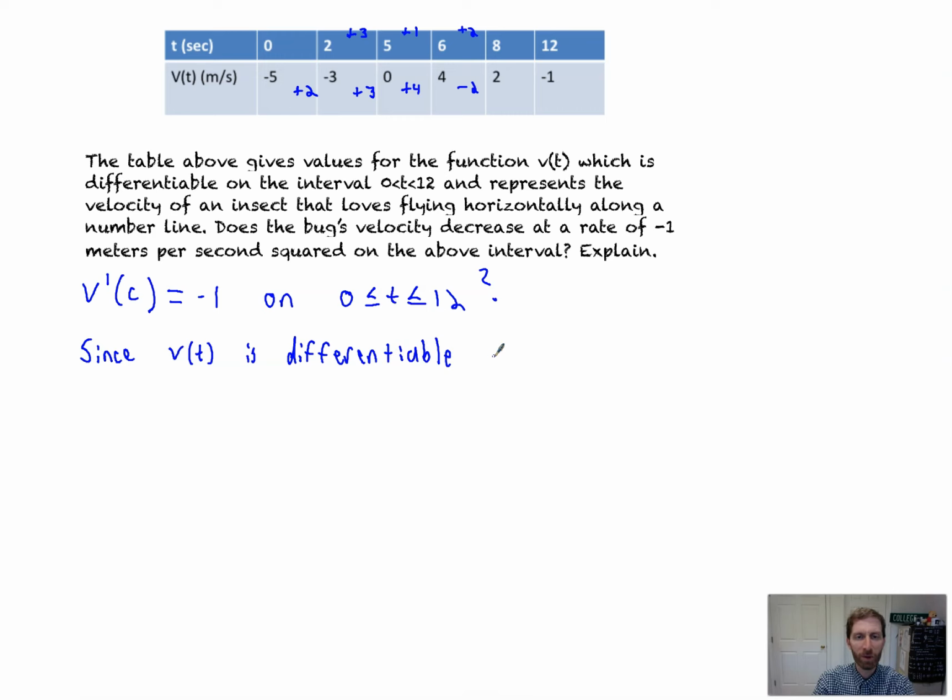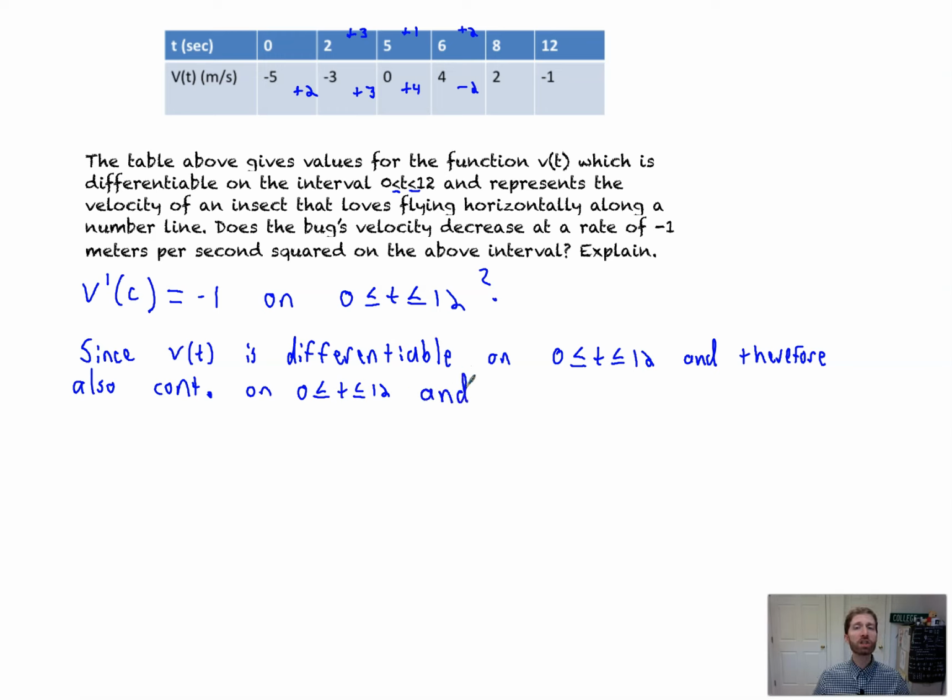It's differentiable on 0 is less than or equal to t is less than or equal to 12, and therefore also continuous. I'll abbreviate that, but don't abbreviate on the AB or BC exam. On 0 is less than or equal to t is less than or equal to 12. And don't worry about run-on sentences, peeps.